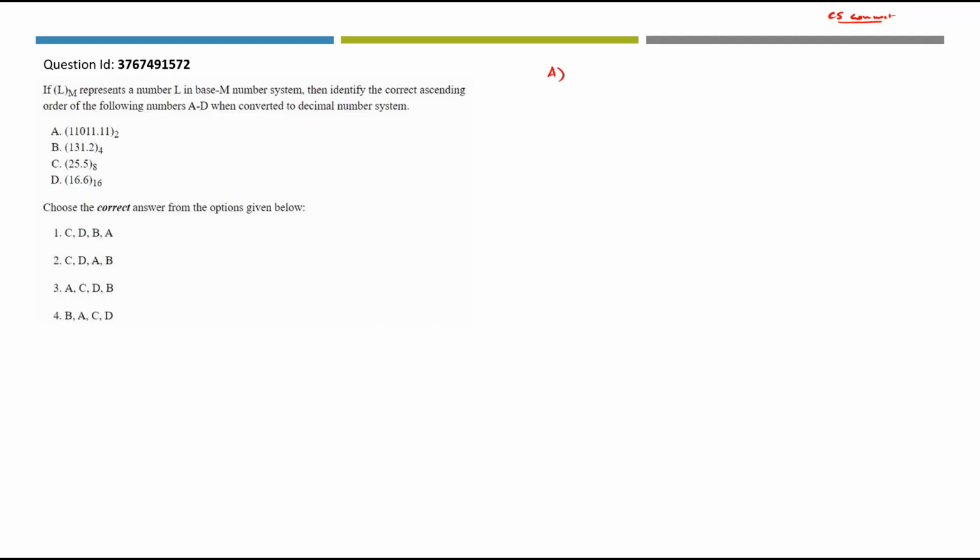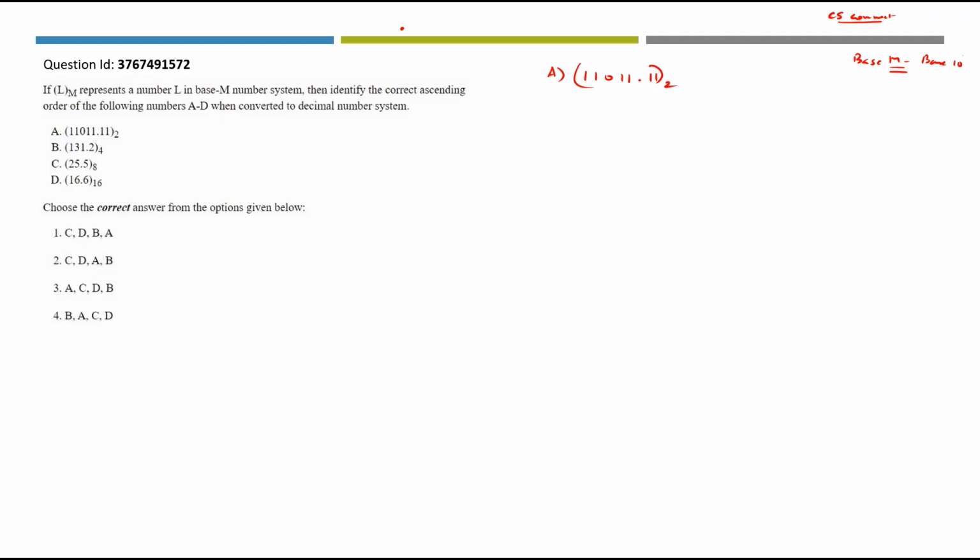Let's take A. 11011.11. In order to convert any base to base 10, you have to raise to the power of the given base. For example, this is actually base 2, so you have to raise to the power of 2.